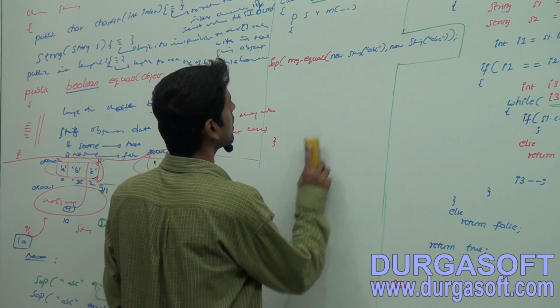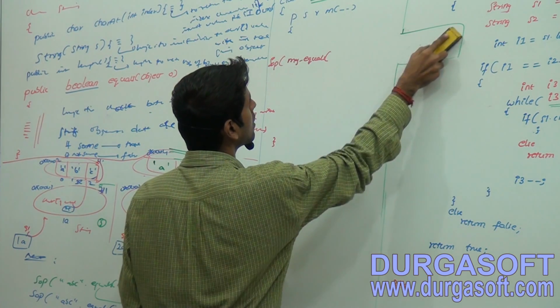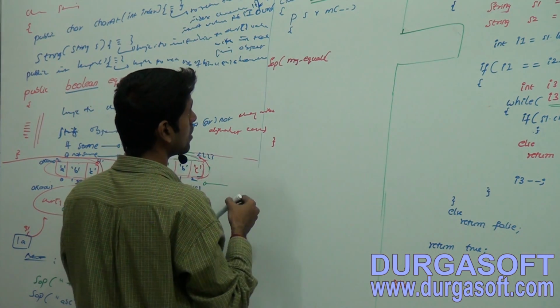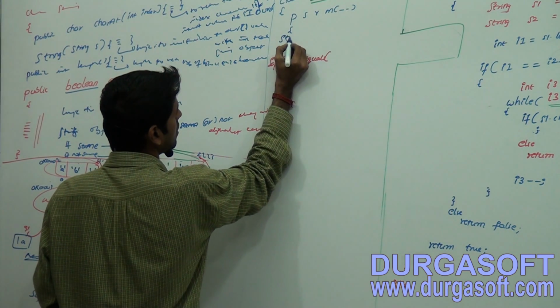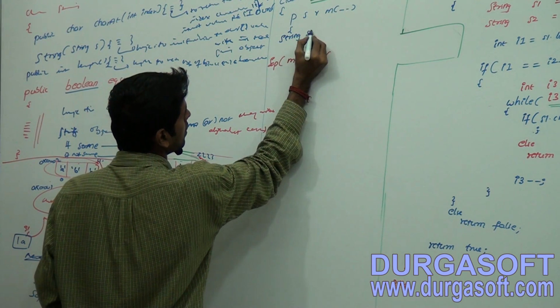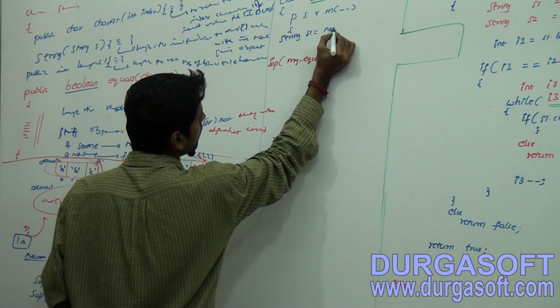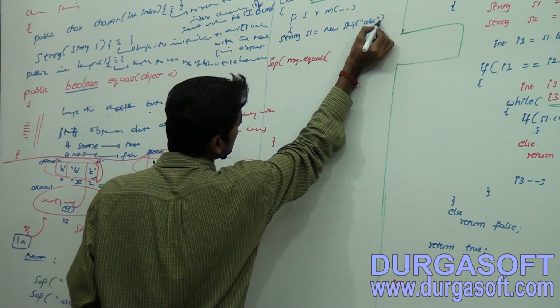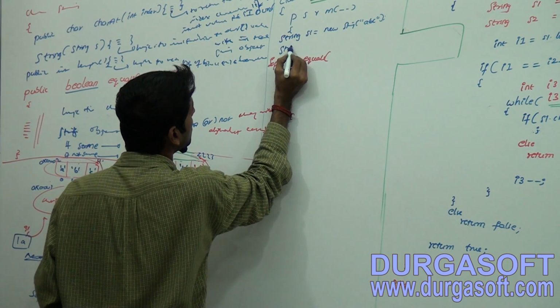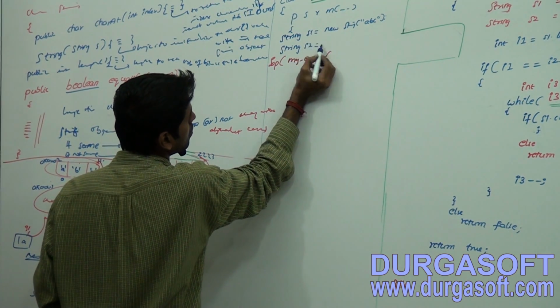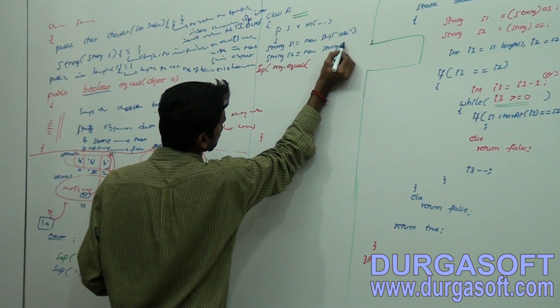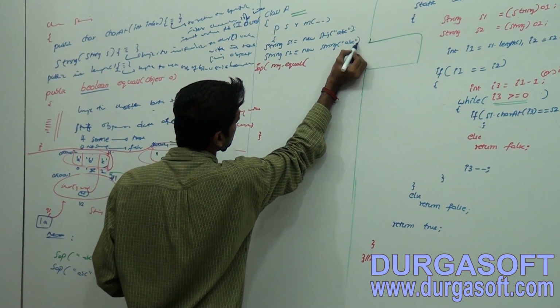Now let me take this part. One second. Observe. String S1 equals new String of ABC, and String S2 equals new String of ABC.